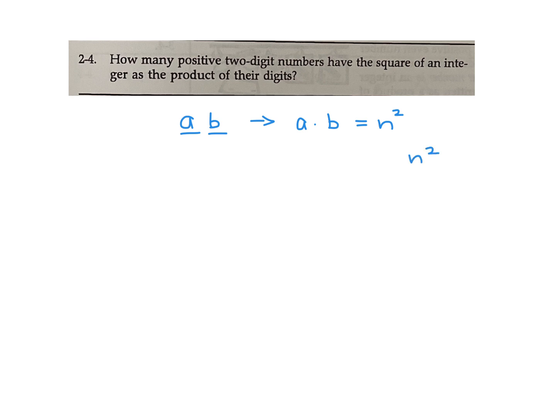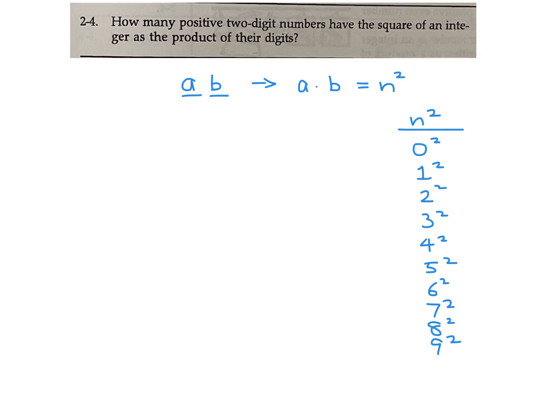So first we have to find out the candidates. 0 squared, 1 squared, and so on. 2 squared, 3 squared, 4 squared. And I think obviously the largest would be 9 squared. And obviously this is 0, 1, 4, 9, 16, 25, 36, 49, 64, and 81.